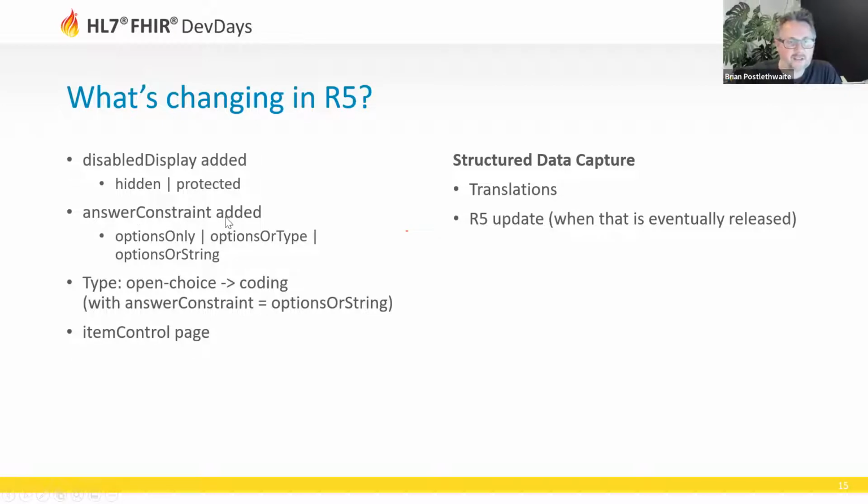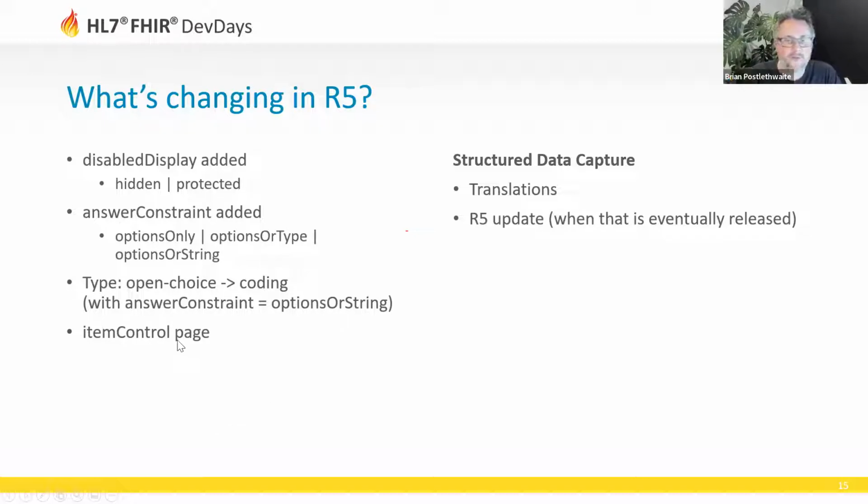Answer constraint is being added, where you can have options only, or options or type, or options or string, and open choice is being changed to just coding. And then to replicate the open choice style, you just say it's a coding, and you add an answer constraint, options or string.